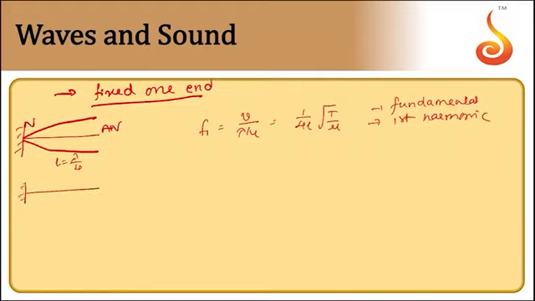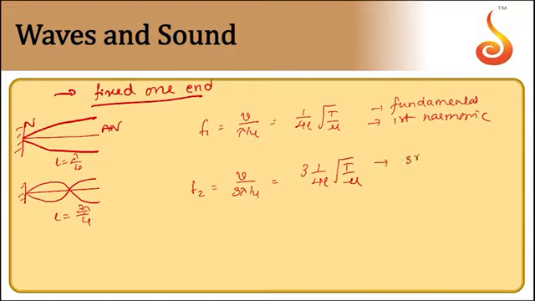In the next mode, the same string oscillates like this. We have L is equal to 3 lambda by 4. F2 is equal to V divided by 3 lambda by 4, which is 3 times 1 by 4L square root of T divided by mu. And this is the third harmonic or first overtone.